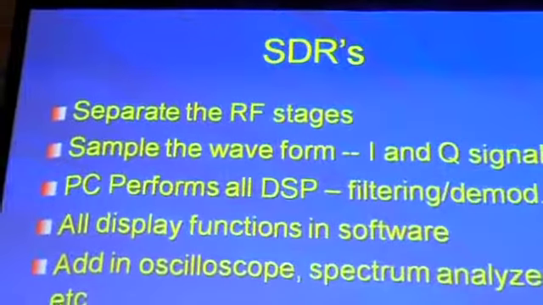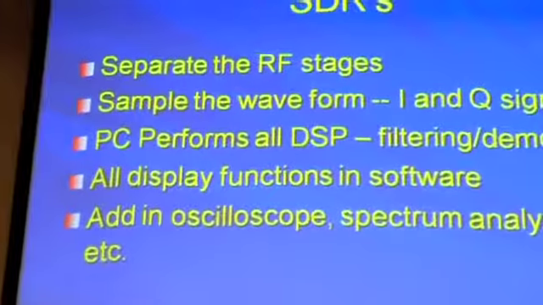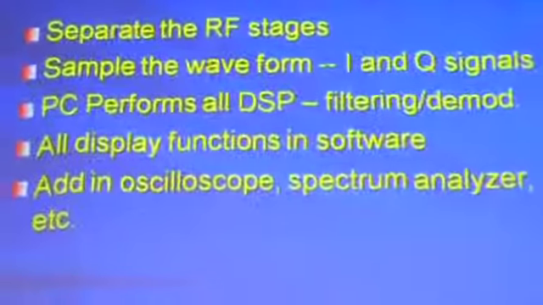So the SDRs have separate RF stages, like I said, in the box, and what happens is that they sample the incoming frequencies, or RF. They sample it at 0 degrees and 90 degrees, to have an I and Q signal that is at audio frequencies. It's a wave file, if you're familiar with full resolution audio wave files on computers.